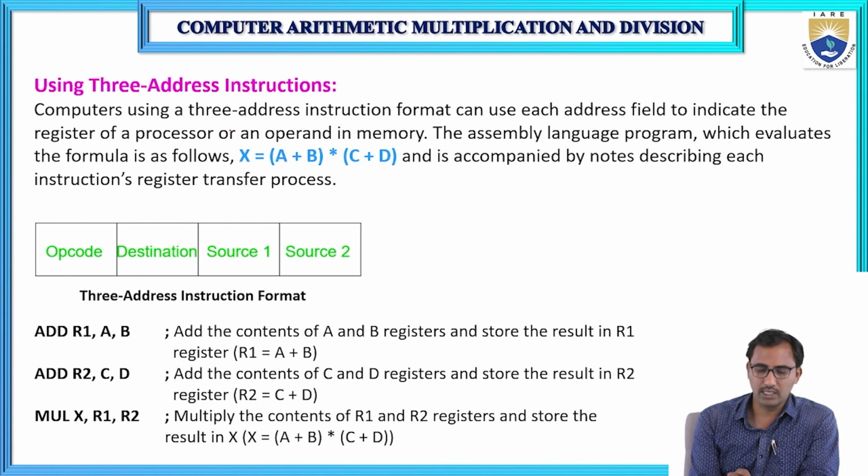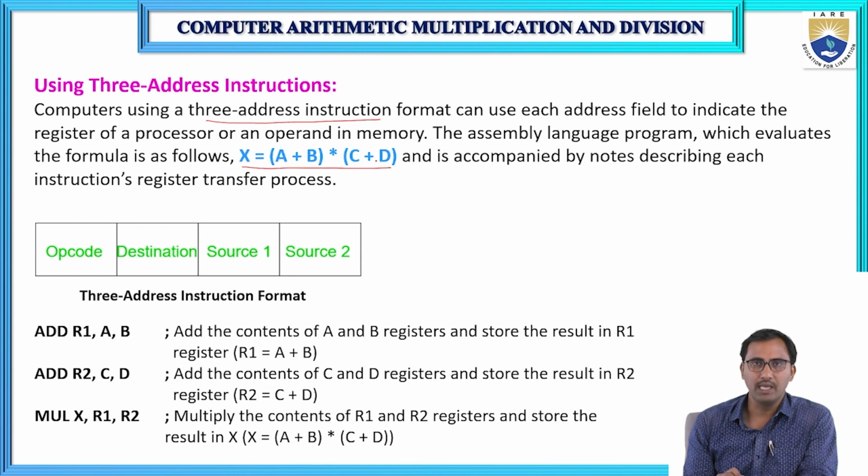So computers using three address instruction format can use each address field to indicate a register of the processor or an operand in memory. The assembly language program evaluates the formula x is equal to (a plus b) into (c plus d), and is accompanied by notes describing each instruction's register transfer process.